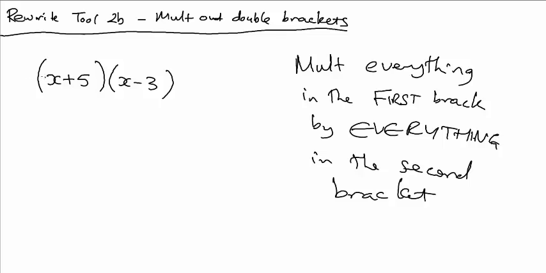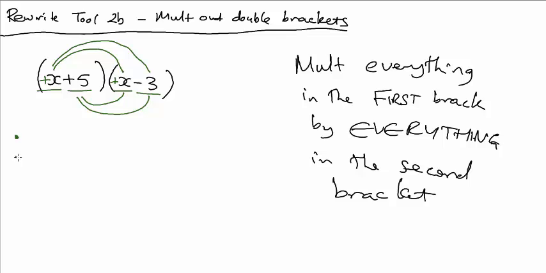This is plus x plus 5. This is plus x minus 3. Now, multiply everything in the first bracket by everything in the second. Here's my first thing I multiply by everything in the second. Here's my second thing in the bracket. Now I have multiplied everything in the first bracket by everything in the second.